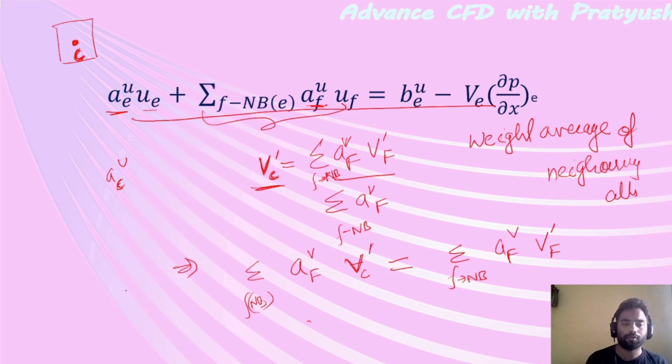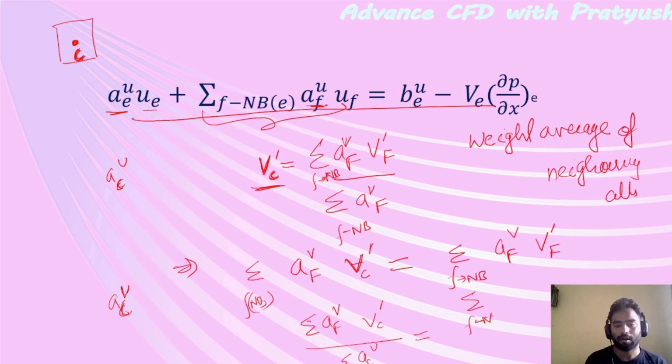Now let's divide both sides by aC, the coefficient of the center cell. So for the cell for which I am solving the equations, this is the contribution of aC. I am going to divide this complete term by aC. This is equal to the summation of aF V'F, again divided by aC.